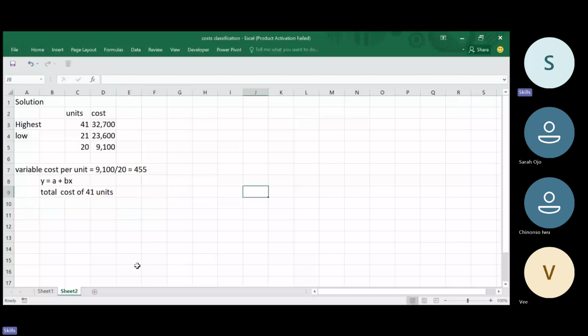Okay, look at it now. What is the total cost of 41 units? To determine the total cost of 41 units, you take 41 and multiply it by the variable cost per unit, 455 naira.